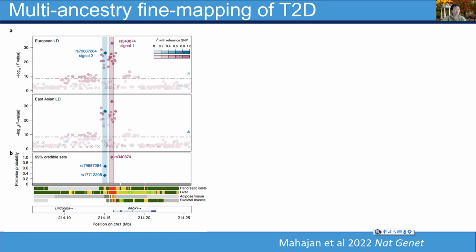The one on the left overlaps with the promoter region of the PROX1 gene, and the 2 on the right both fall into the same enhancer region. And they are enhancer or promoter in both pancreatic islet and liver, so highly relevant and likely to be the functional variants.